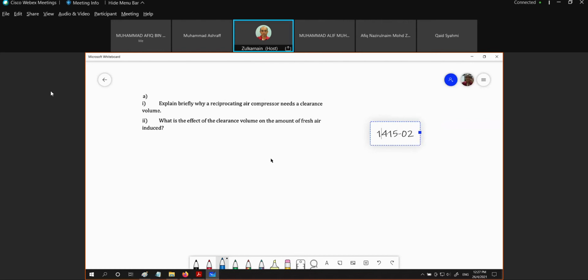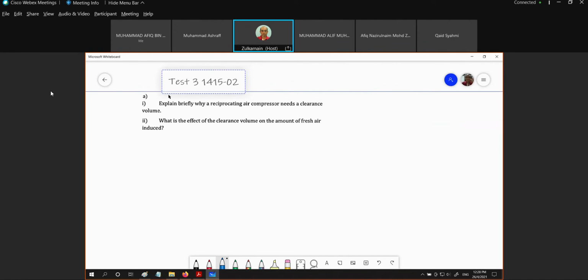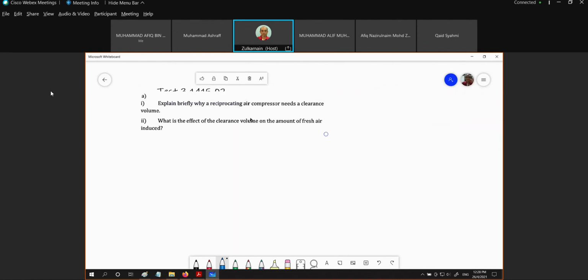During this semester, this is known as test 3. This question is included in the test 3 questions, meaning that we learn it later, after we learn on steam plant and then gas plant, then we go for this air compressor. That's why it's put in test 3.